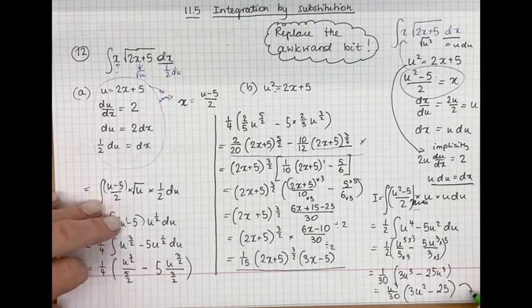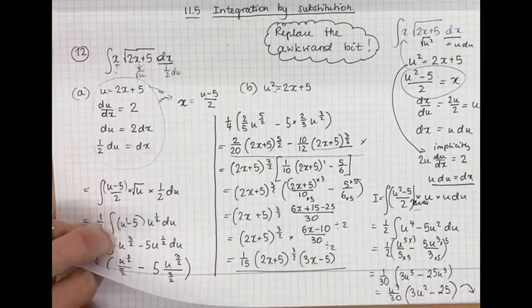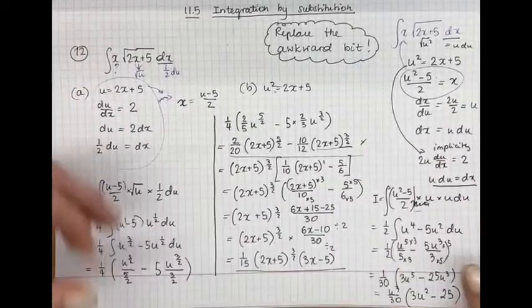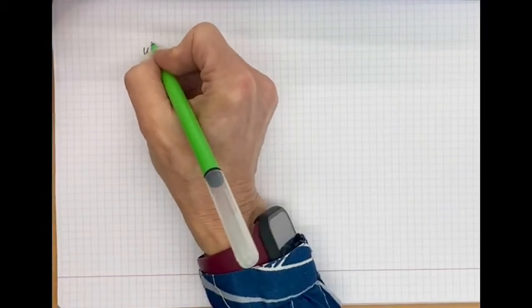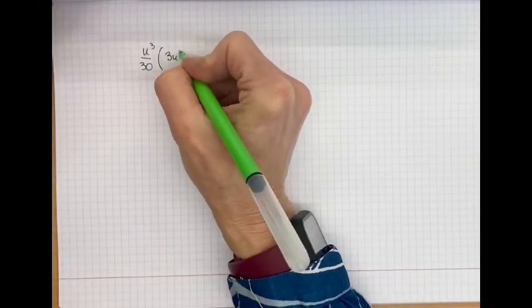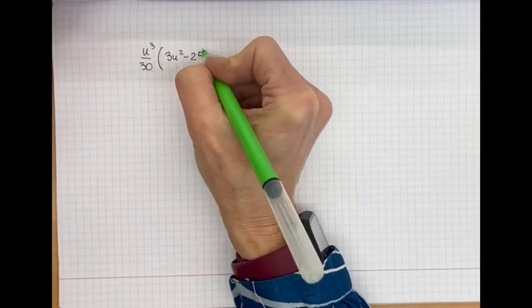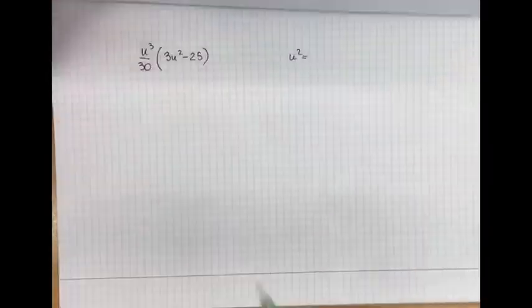Now I'll have to go on to the next page. Okay, so let's copy that down. You've got u cubed over 30, and in brackets we had 3u squared minus 25. But remember, u squared was 2x plus 5.